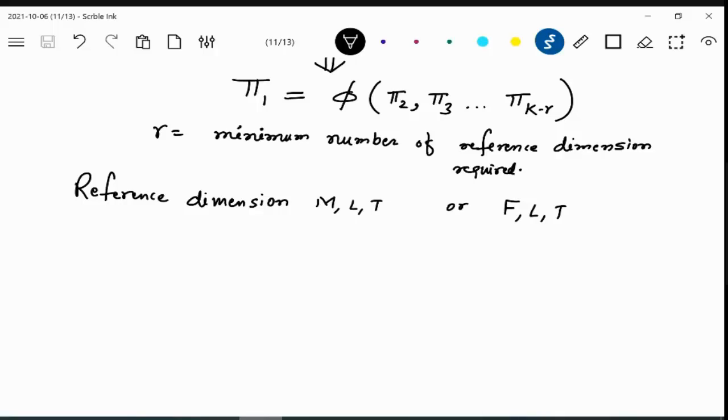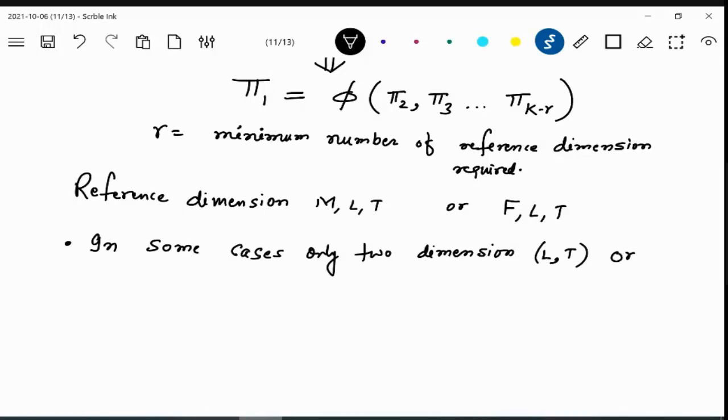Or in another case, you can require only one dimension, for example L only.